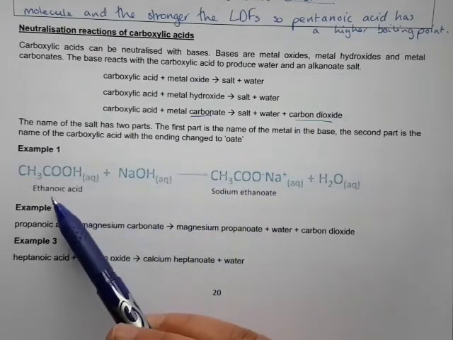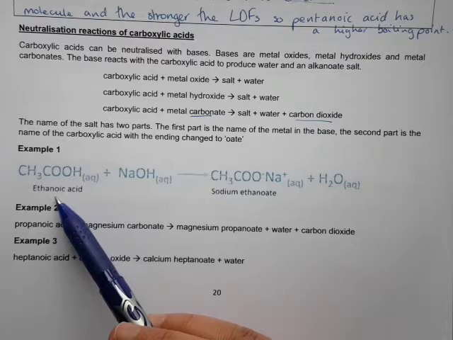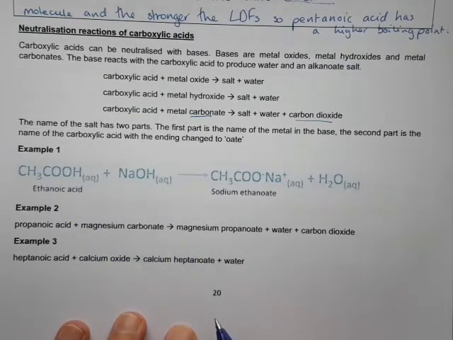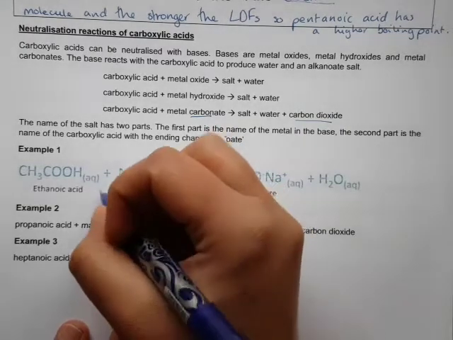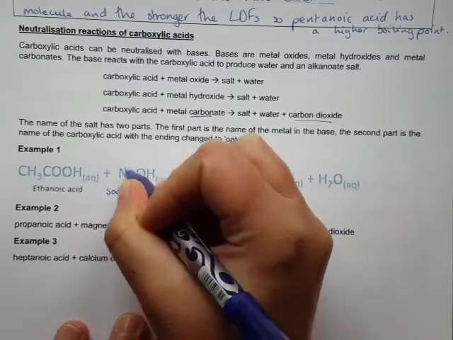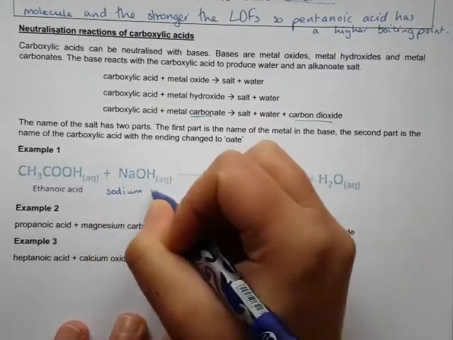So if we look at the neutralisation of ethanoic acid with this base here, pause the video or think about what this base might be called. Okay, well this base here is called sodium hydroxide. So you've got the sodium here and then you've got the hydroxide ion here.